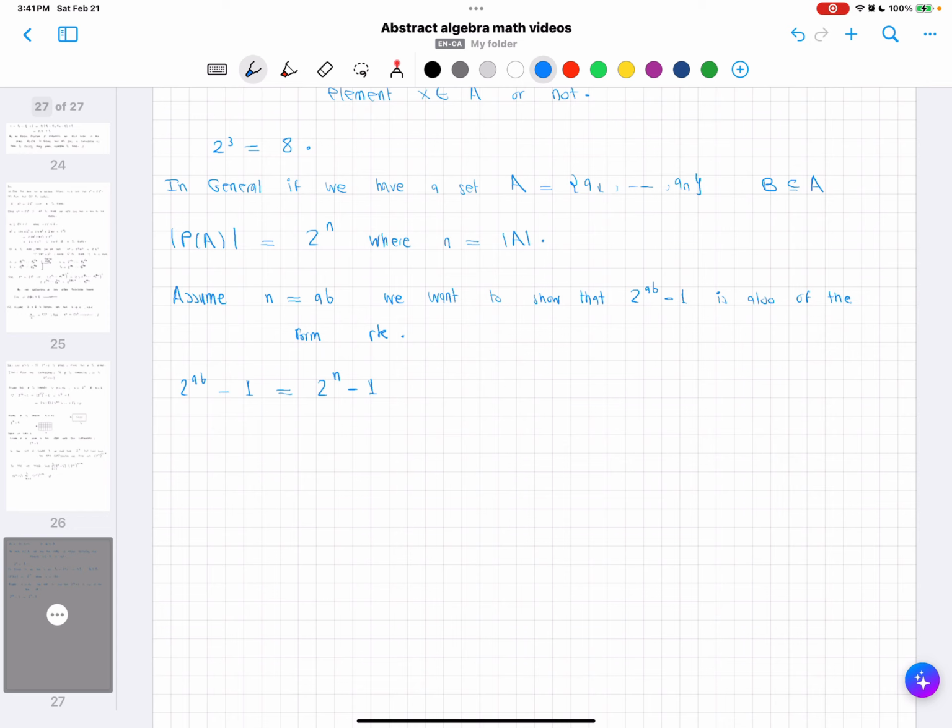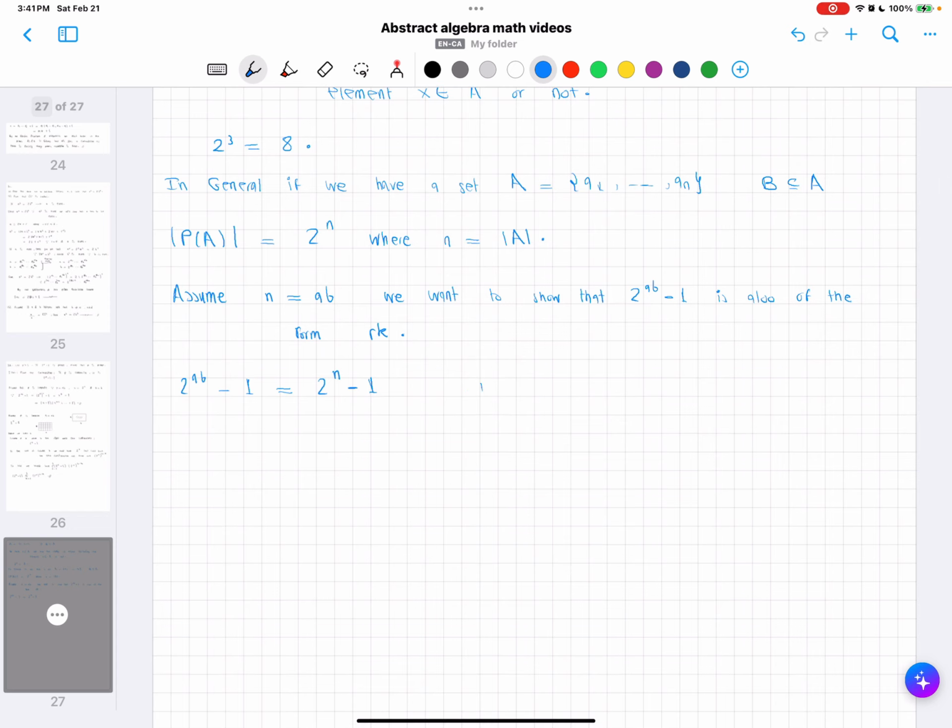So let's write n as a multiplied by b. So n really represents a rectangle, the area of this rectangle here, with columns of a and rows of b. So then we want to look at 2 to the power of n minus 1 properly.